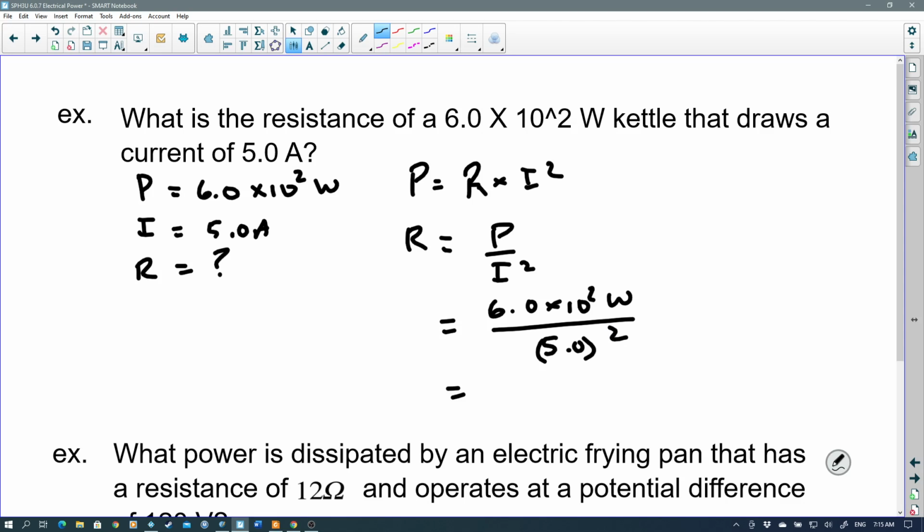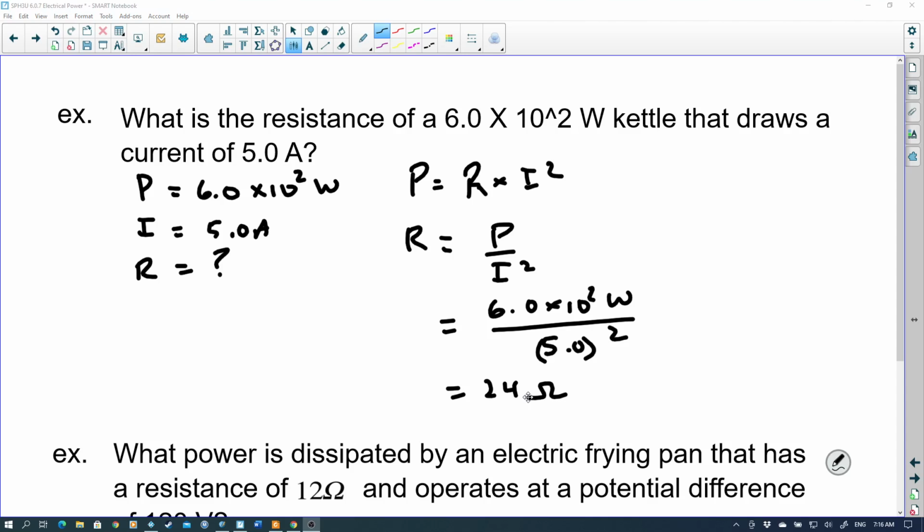Like so. I'll do that off to the side. And we're getting a resistance of 24, and the unit for resistance is ohms.